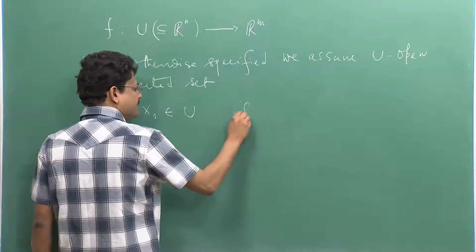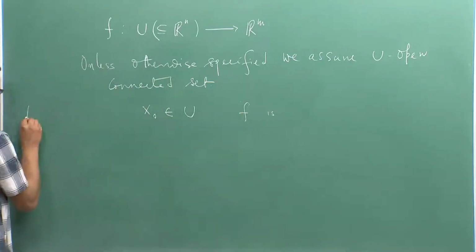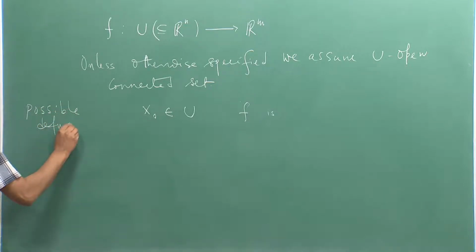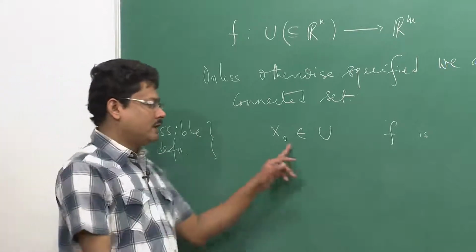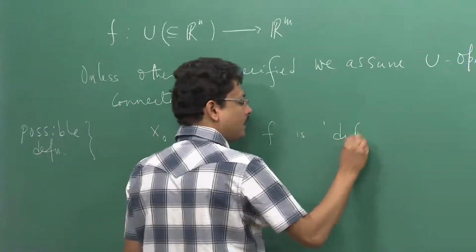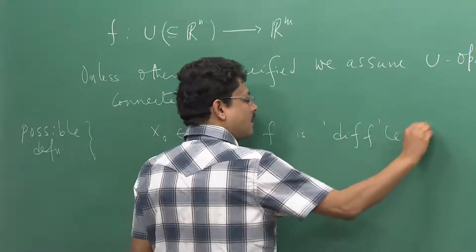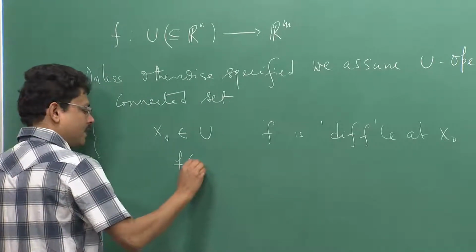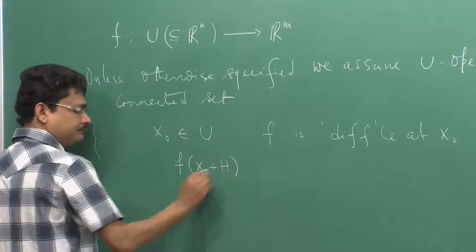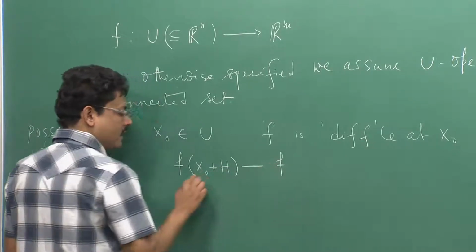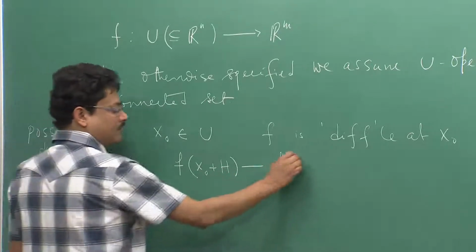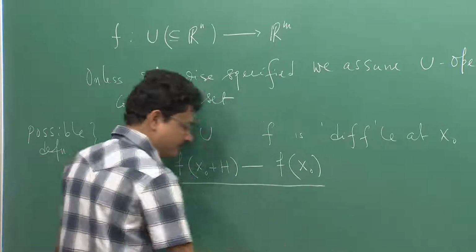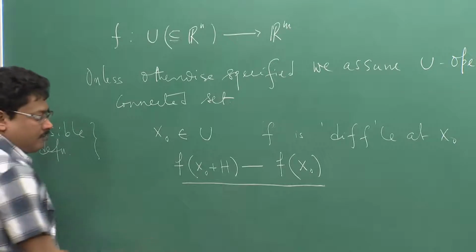I should say f is, so this is a possible definition. f is differentiable at x naught. Well, what do I do? I look at f of x naught plus h minus, so it is R^m valued, so it is a vector in R^m, minus this vector f of x naught, and h is the increment.